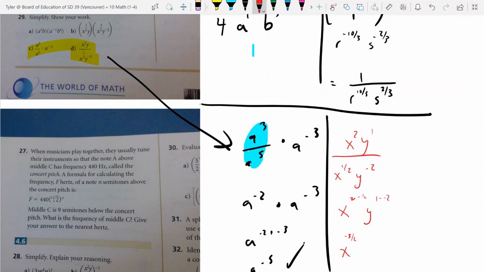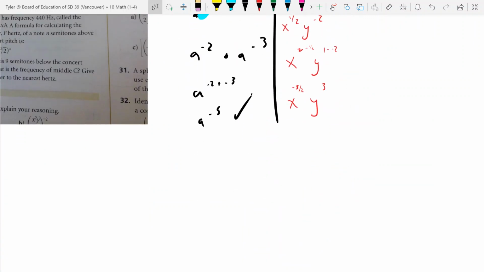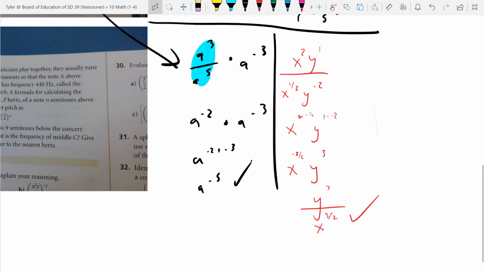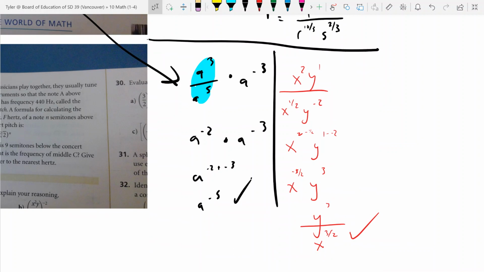So there's a 1 here. When we're doing double negative, it becomes y to the power of 3. So the last thing is it's going to simplify. The y to the 3 is on top. The x moves to the denominator, 3 over 2. And that's it. That's our final answer. Let me double check. Yep.